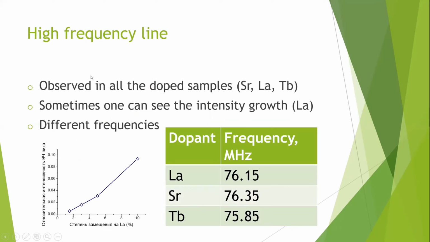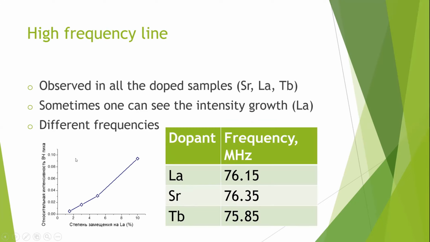Now about the high frequency line. We have observed this high frequency line in other bismuth ferrite based doped samples, in lanthanum doped samples and in strontium doped samples. In lanthanum doped samples, we found that the intensity of this line grows almost linearly with lanthanum doping.